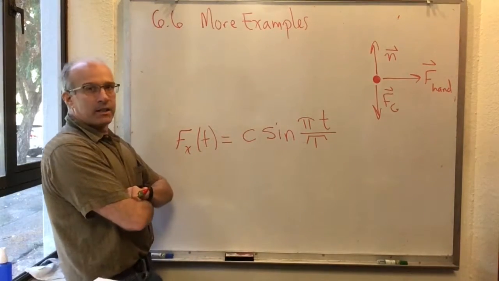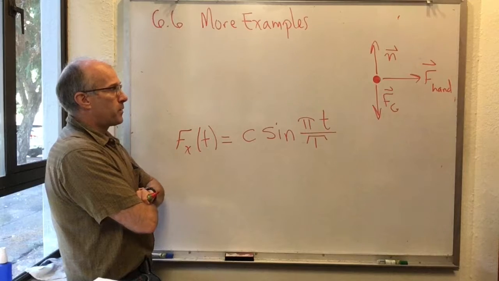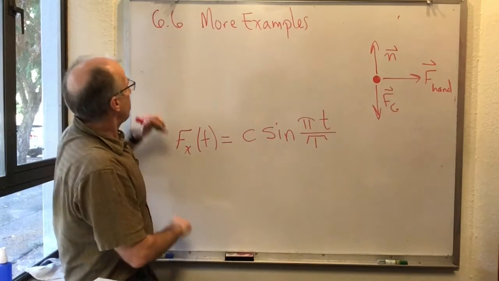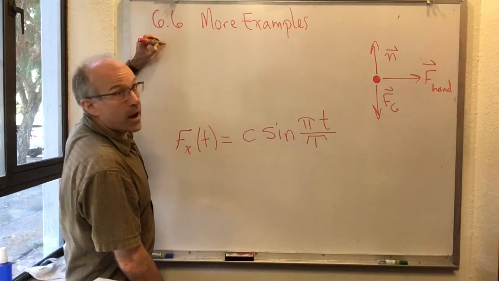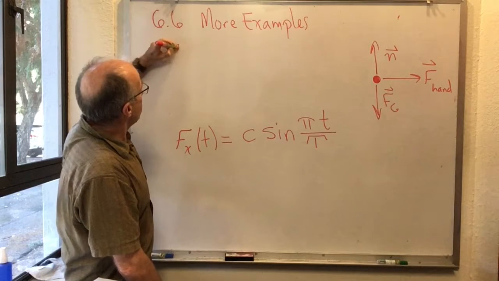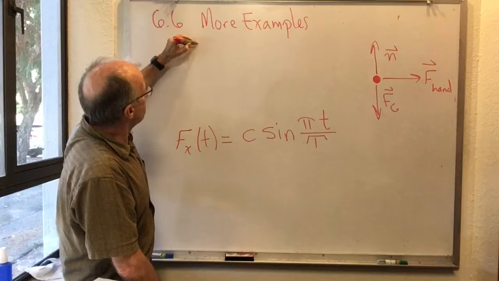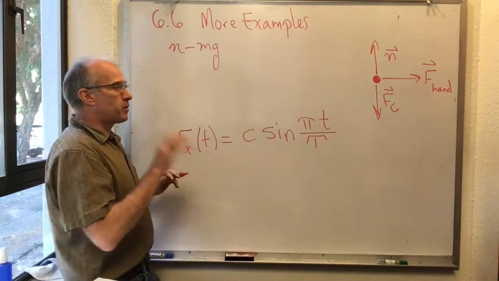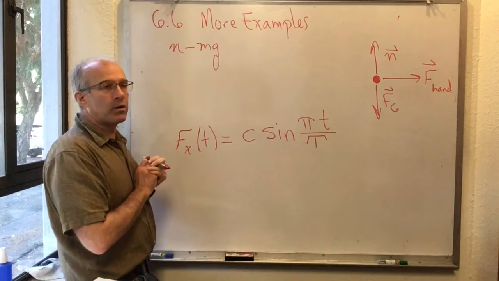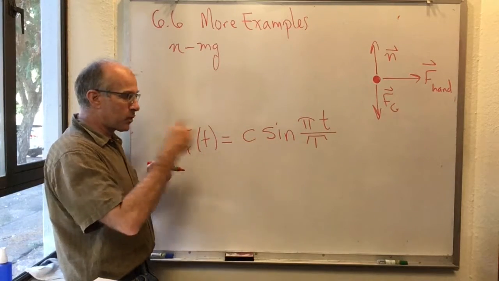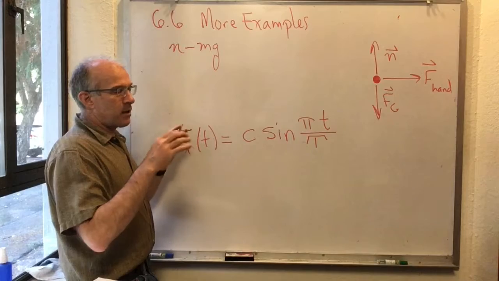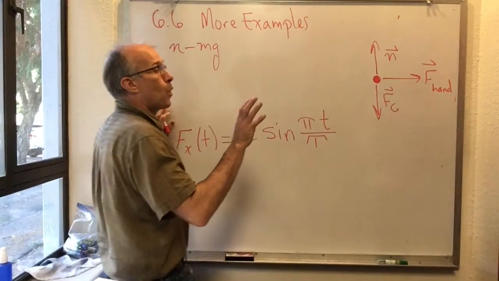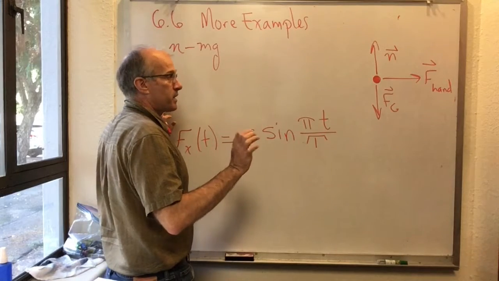Now let's analyze that free body diagram by breaking it into components. First I'll do the y component. You have a normal force n in the upward direction, and you have mg in the downward direction. Now the way I drew the picture, this box is just sliding back and forth along this surface, and this surface doesn't have hills or ditches in it, so the y position is always the same.